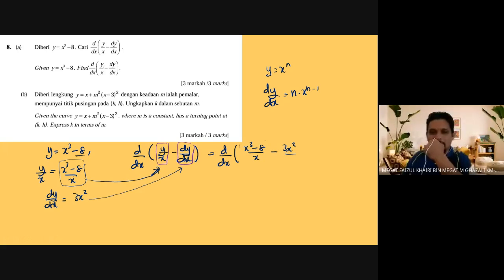This is a ratio, x cubed minus 8 divided by x, and this is a simple polynomial, 3x squared. Just imagine we have 1 here. Before we combine these two into one ratio, we need to make sure the denominators are equal.